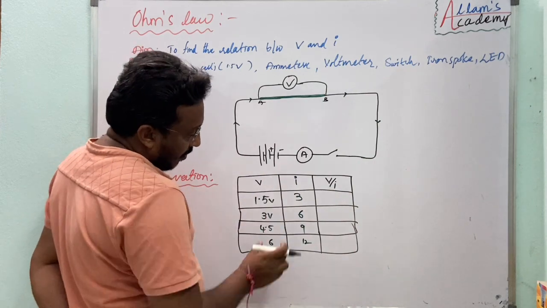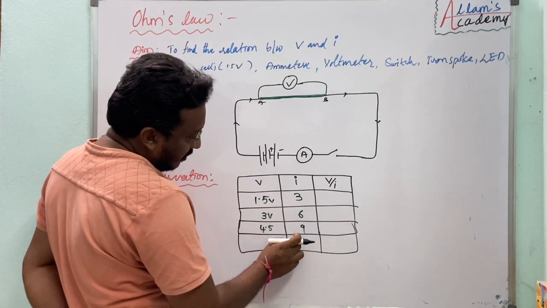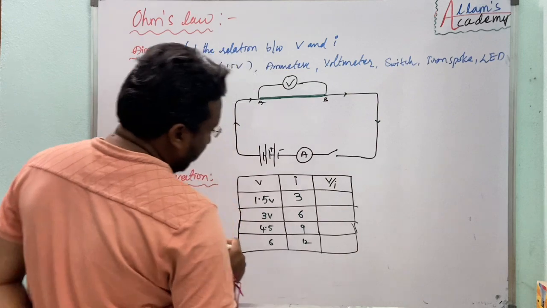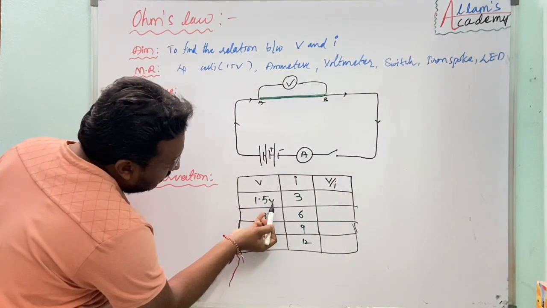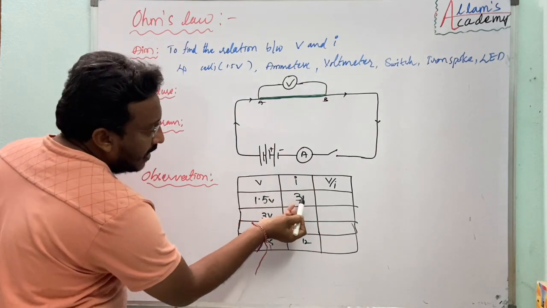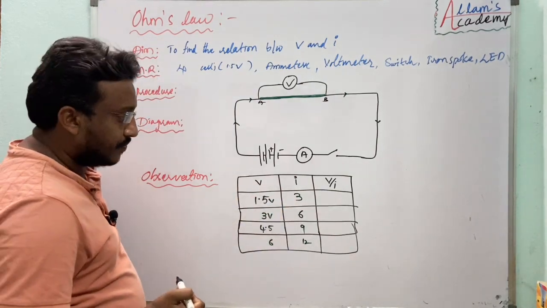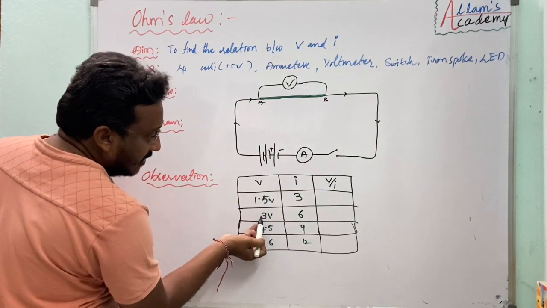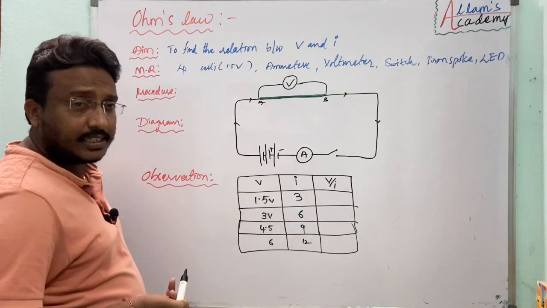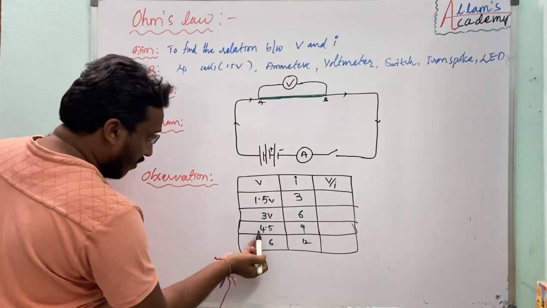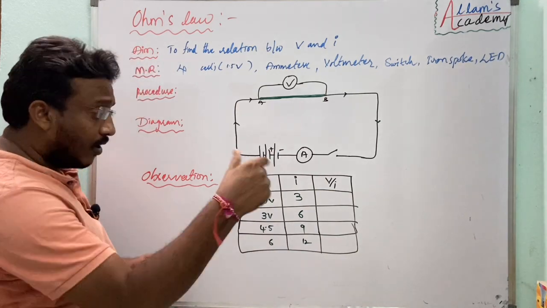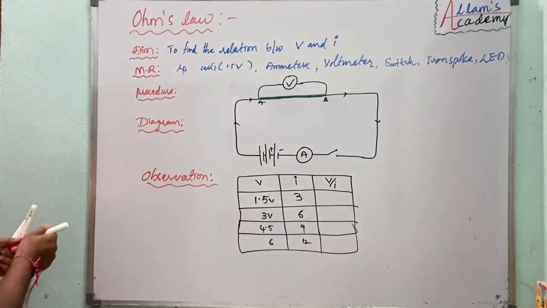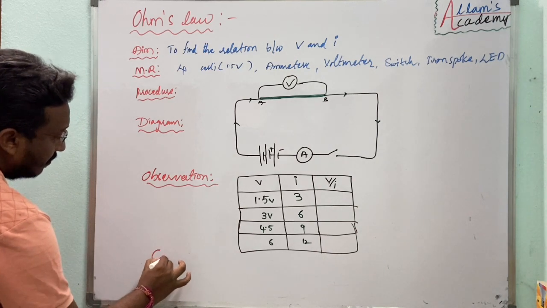Here from these observations, one thing we have noticed. What is that? When the potential difference is 1.5, we get current 3. When the potential difference is 3, we get 6 amps. When 4.5, 9, and 6, 12. Here we have noticed one relation that we have to write as a conclusion.